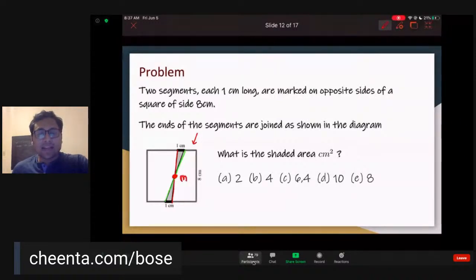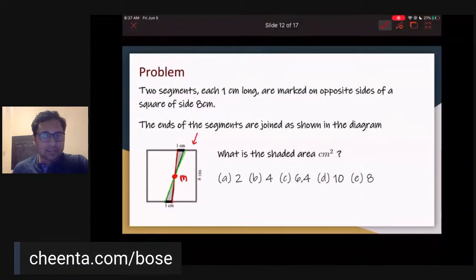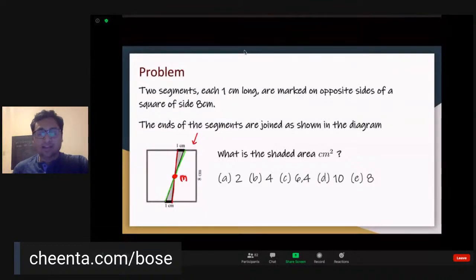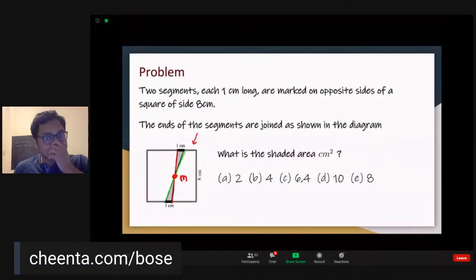Can anyone guess where this point M is in the context of this particular square? Artya Tiwari is saying it's at the center. Sunil Sharma is also saying it's at the center.